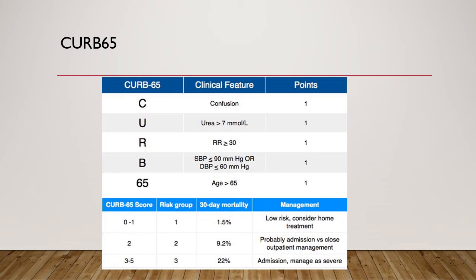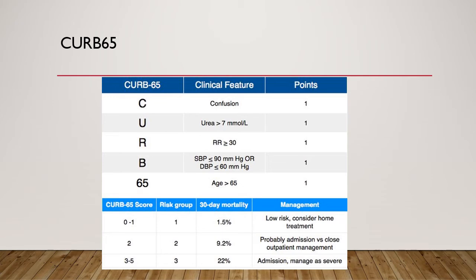So depending on the scores, these are the risk groups. For a score from 0 to 1, the patient is taken as low risk and given oral antibiotics and sent home, managed at home. For a patient who has a score of 2, the patient can be admitted or sent home with close observation and instructions to return if he deteriorates.